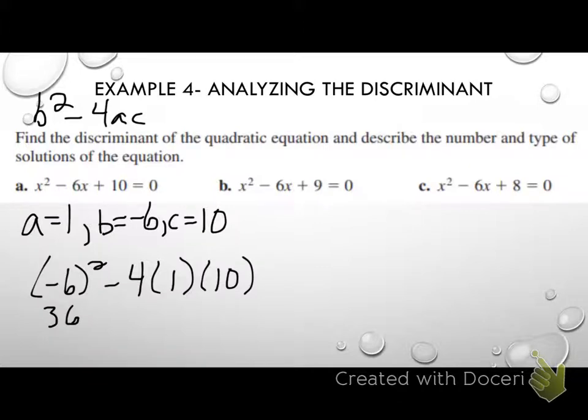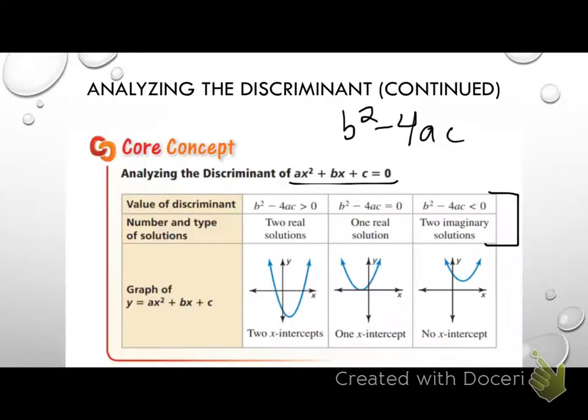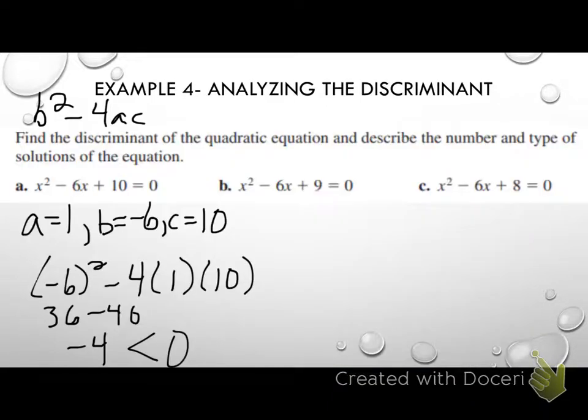Negative 4 times 10, negative 40. 36 minus 40, negative 4. Is negative 4 greater than 0, less than 0, or equal to 0? Less than 0. So if my discriminant is less than 0, how many and what type of solutions do I have? Two imaginary.